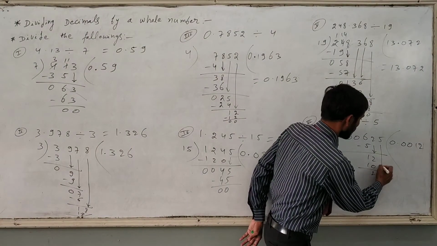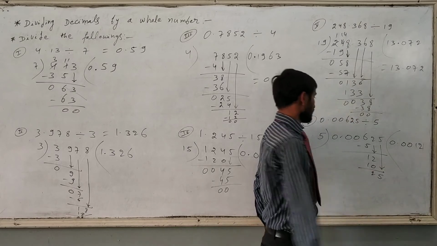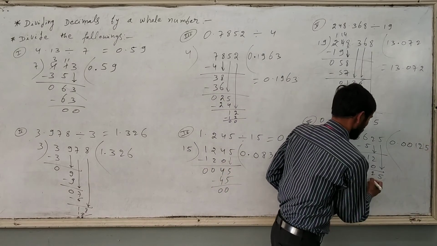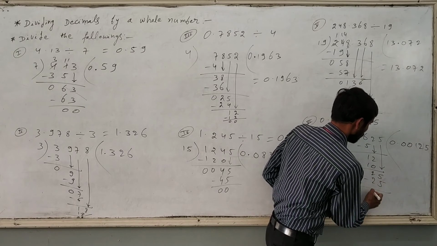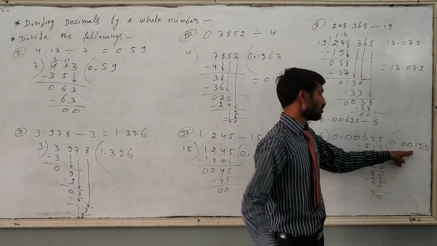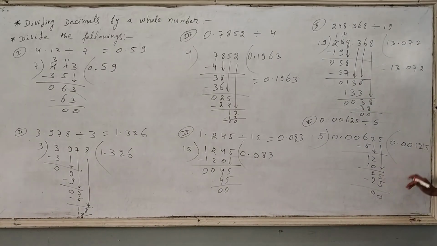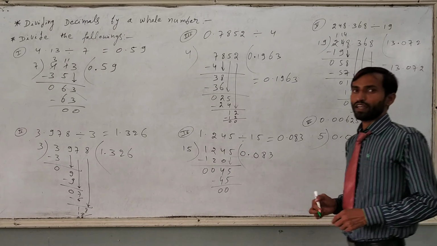Next write down 5, so it can divide, 5 times 5 is 25. So the final answer is 0.00125. This is the final answer. Like that you have to follow in the exercise problems.